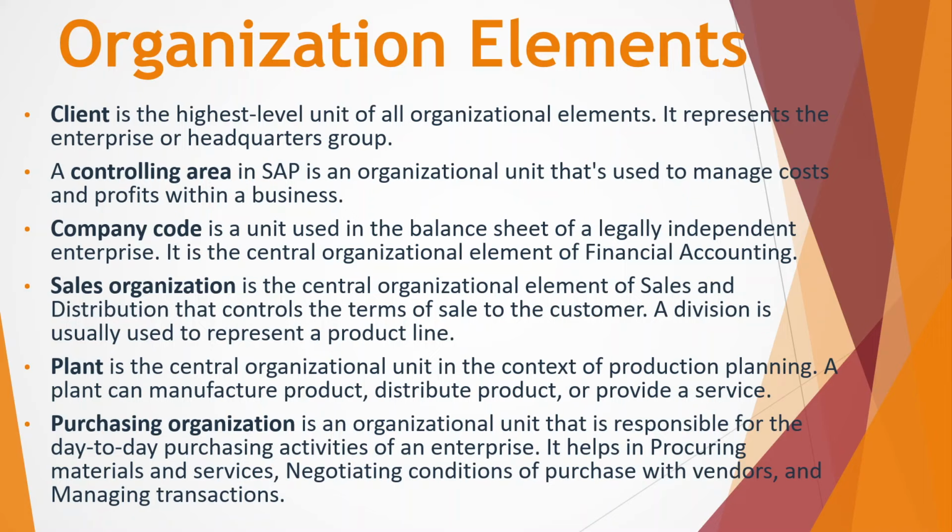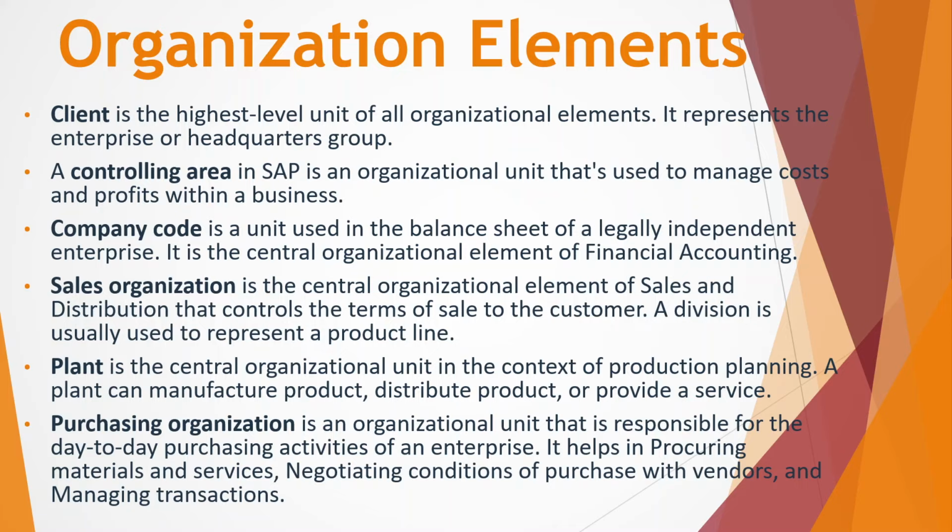So client, as you know, is a 3-digit number given to any SAP system, and it comes before your user ID and password, which you put in to log in to the system. It can be an ECC system, S4 HANA system, it does not matter. The rules and regulations are one and the same, no difference as such. So client is the highest level unit of all organizational elements, and it represents the enterprise or the headquarters group. That is how the client is.